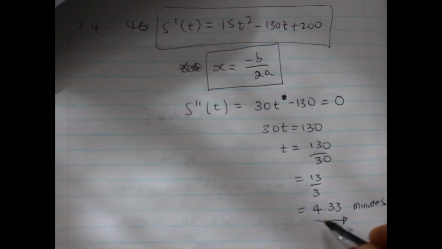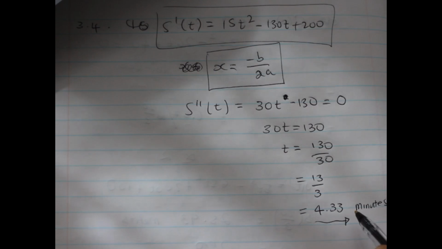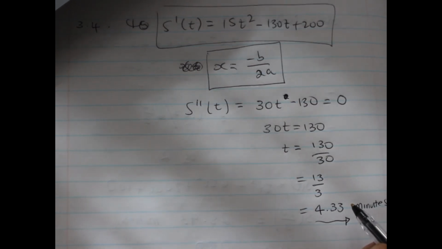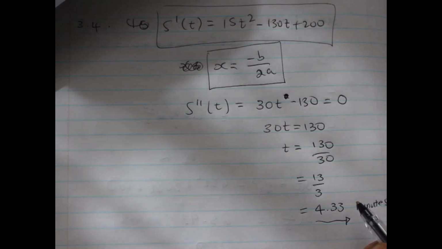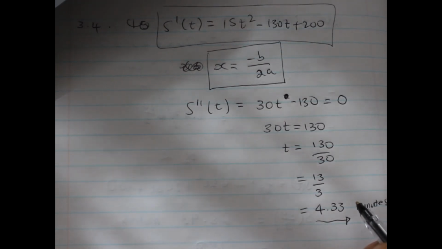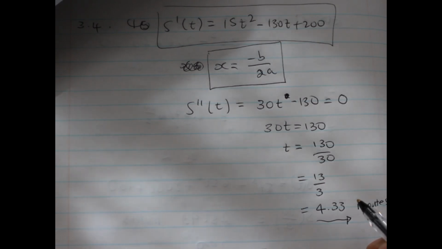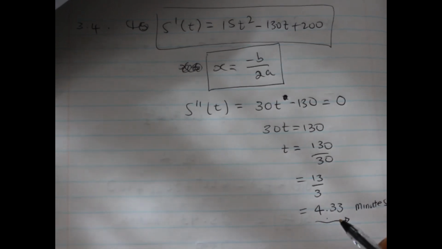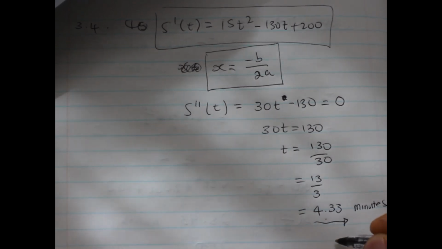So this is not the rate of change value, but we're just saying that at time 4.33, if initially the rate of change was decreasing, then it will start to increase. Obviously if we're finding the minimum, that means initially it was decreasing. And then after this time, it's going to start increasing. So that's why we call it the minimum value.